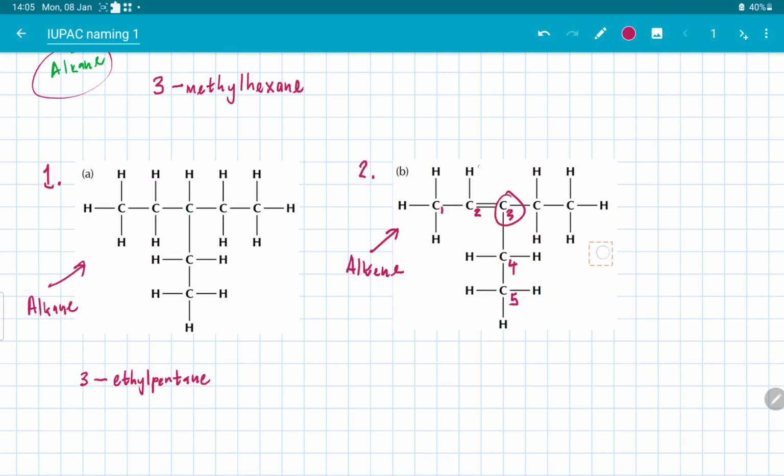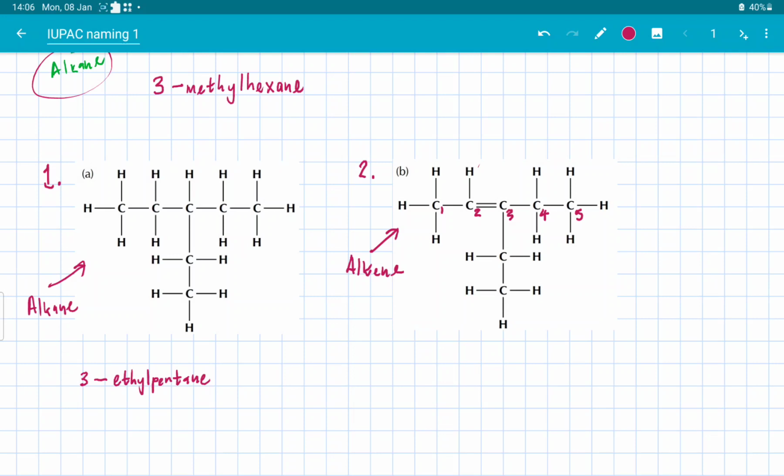Or I can go straight, 3, 4, 5, again the ethyl is at carbon 3, so it doesn't affect the name. This rule only becomes important in other cases. Anyhow, recognize the functional group, the double bond.